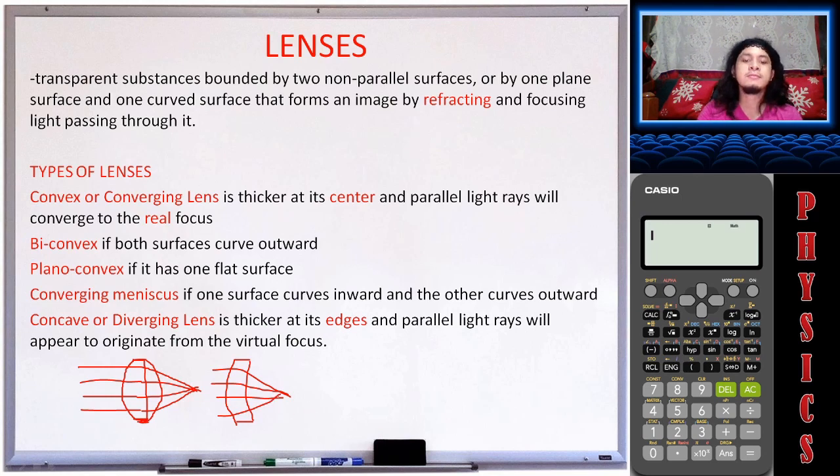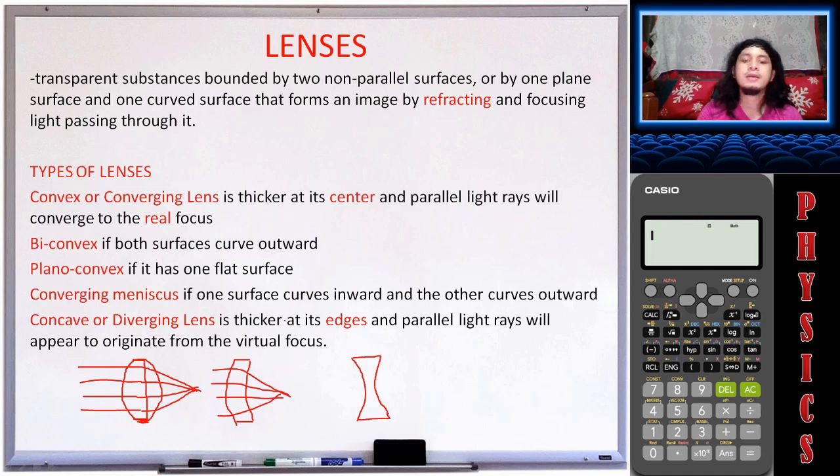And then we have the concave or diverging lens, thicker at its edges, and parallel light rays will appear to originate from the virtual focus. Kapag concave or diverging lens, cave, para siyang kuweba na may papasok, inward curve.